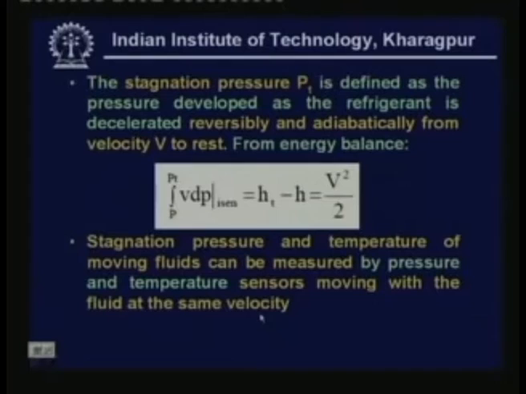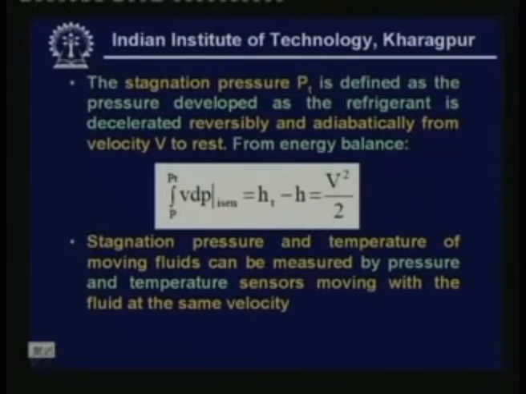Similar to stagnation enthalpy or total enthalpy, you can also define what is known as stagnation pressure and stagnation temperature. The stagnation pressure PT is defined as the pressure developed as the refrigerant is decelerated reversibly and adiabatically from velocity V to rest. Okay.